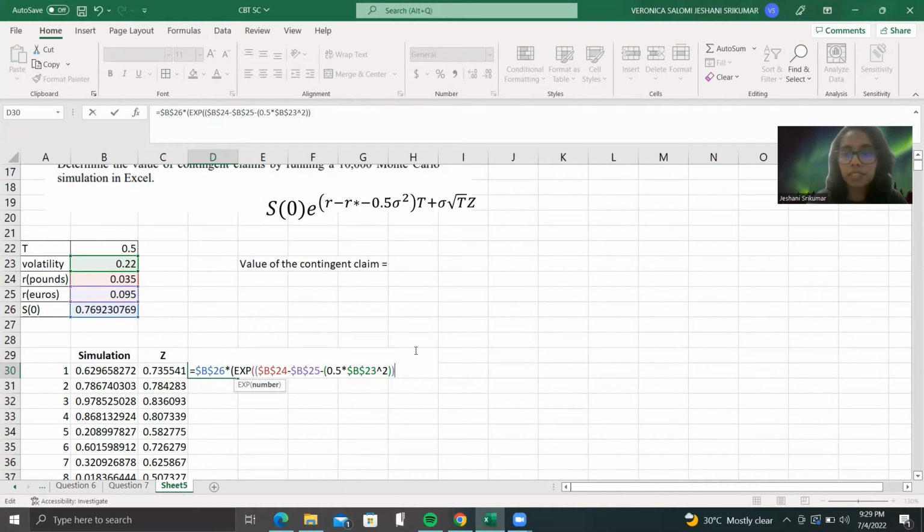And then we have to multiply it by the time. In this case, it's 6 months, so the time would be 0.5, which is 6 over 12.